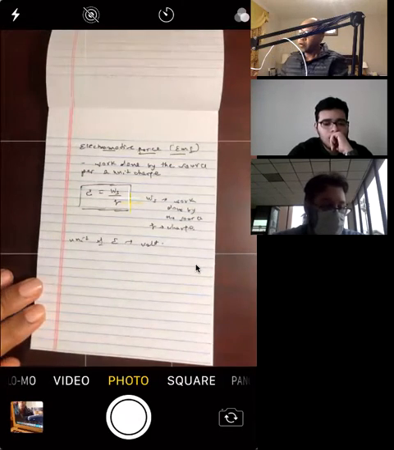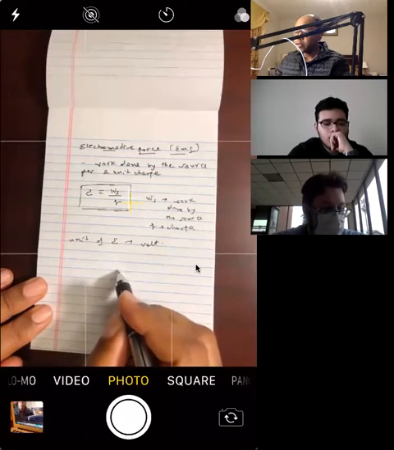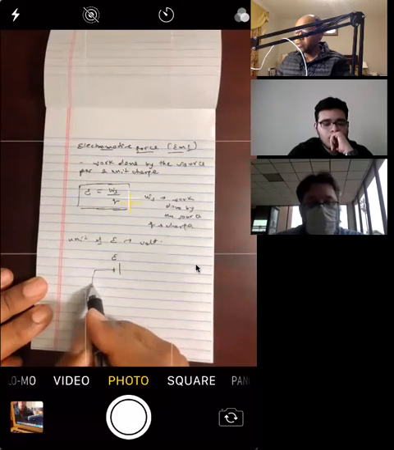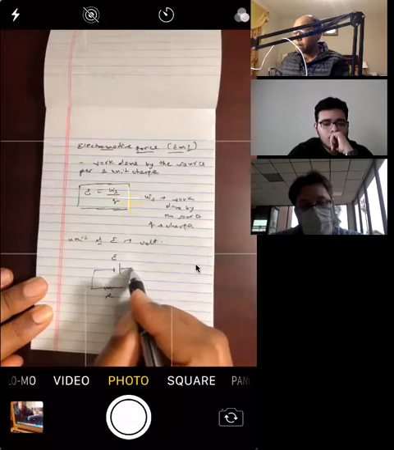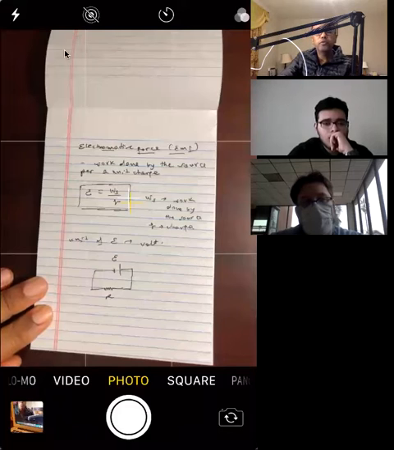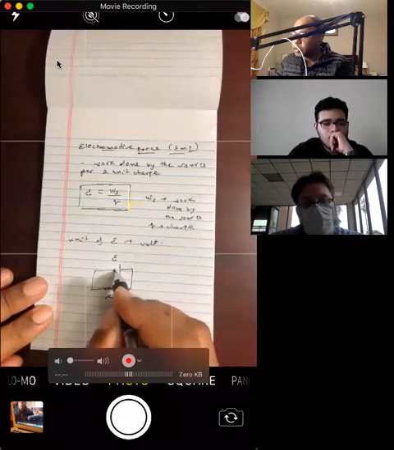All right. Now let's have a source, let's say like this. Let's say its EMF is E, and then let's say this is connected to an external resistor, like this. Now any source is going to have its own resistance. We call that internal resistance.